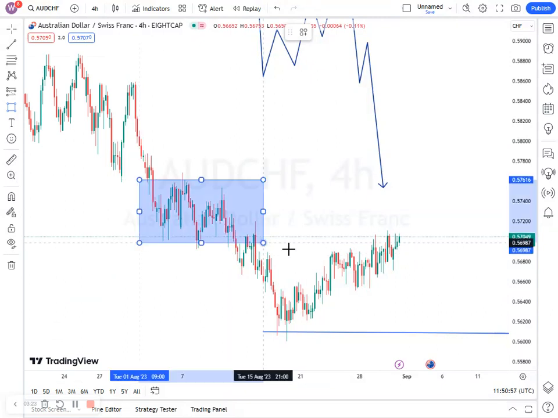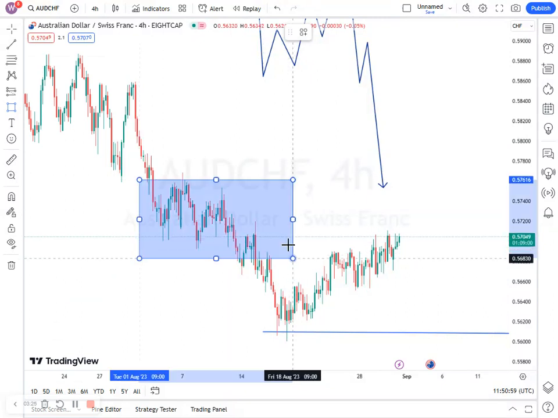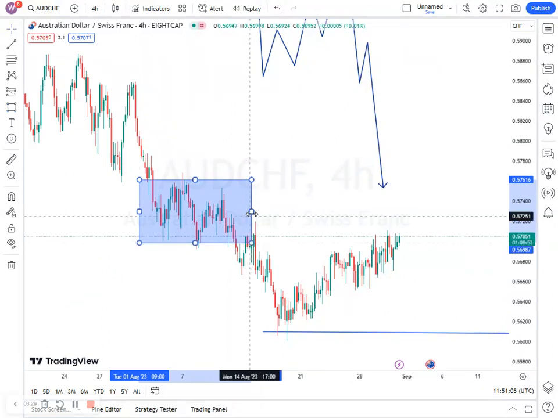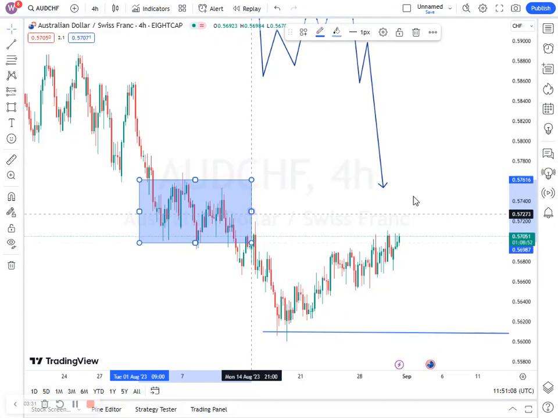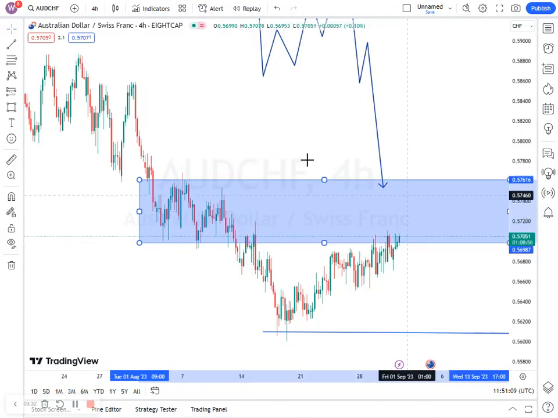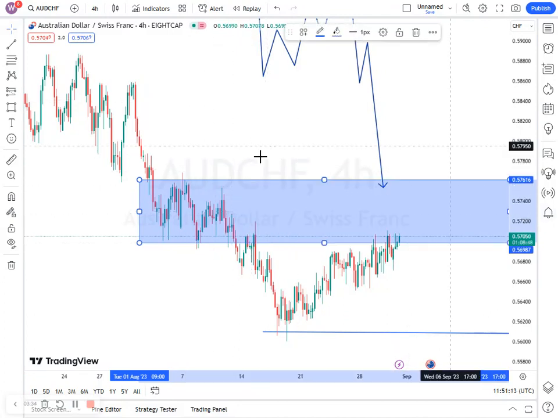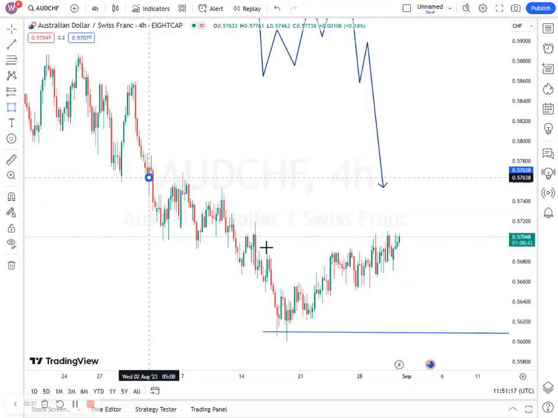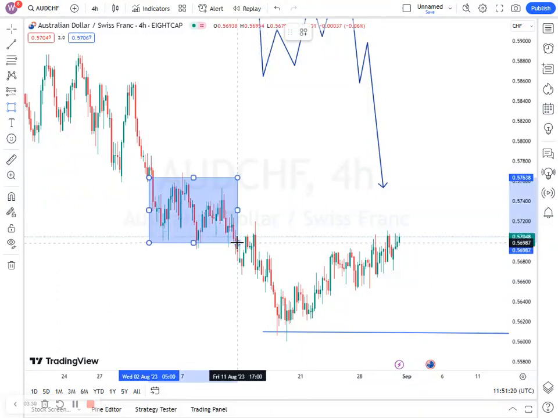So we have this range. This is a very massive drop which we have here. So this is the range we had.